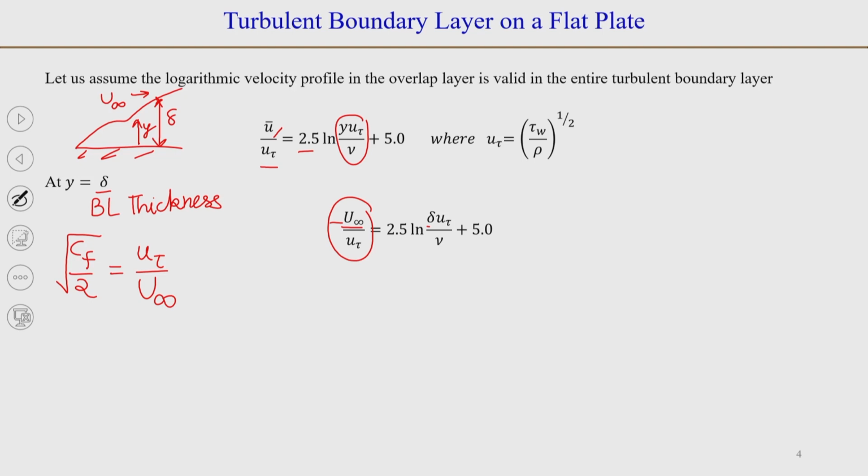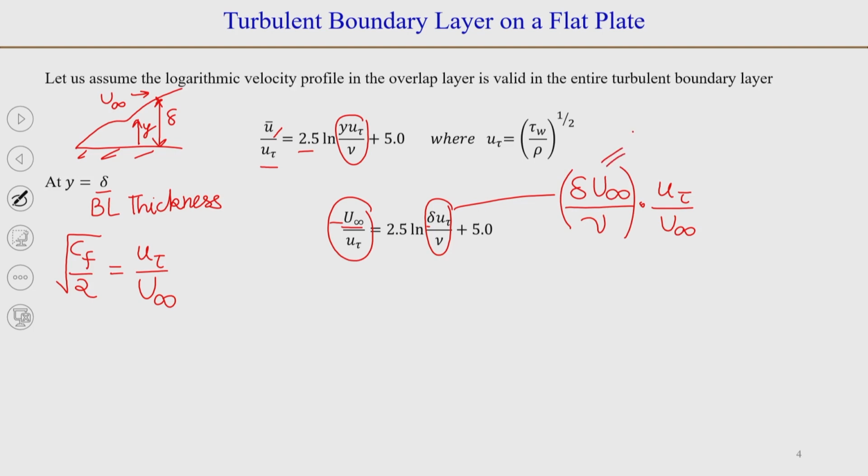Similarly, we could rearrange this. So, we can write this as delta u infinity by nu into u tau by u infinity. So, this is a kind of Reynolds number where the length scale is delta, the boundary layer thickness.